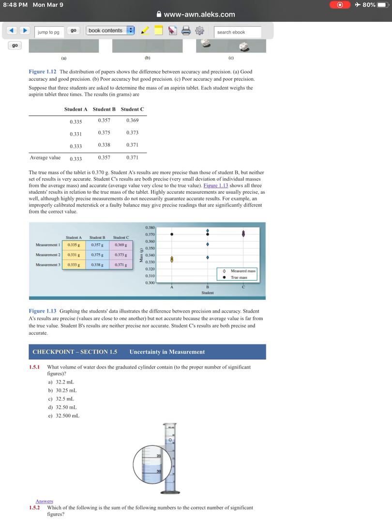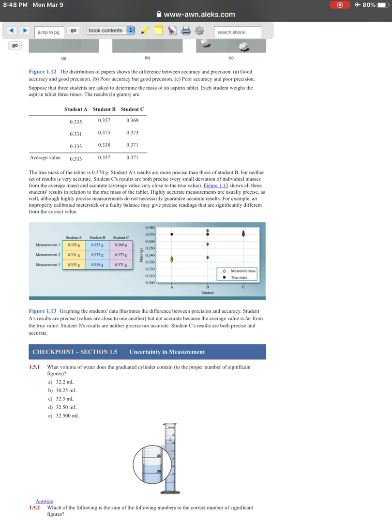Student A measures something as 0.335. They do it again, they get 0.331. And they do it again, and they get 0.333. Student B does it as well and gets 0.357, then 0.375, and then 0.338. The averages are calculated at the bottom there. And then student C gets 0.369, 0.373, and 0.371.